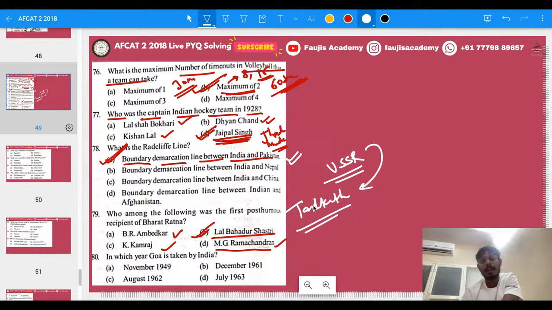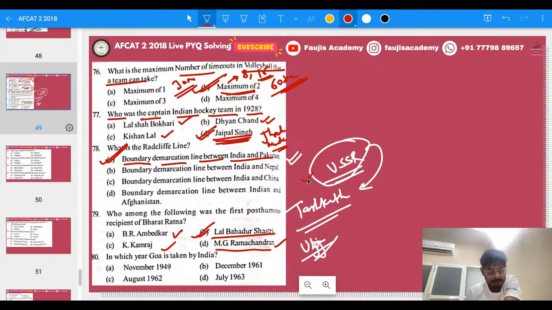Tashkent is in Uzbekistan, I think. Many new nations came out of the USSR, like Azerbaijan and others. No, Ambedkar is not the right one. Lal Bahadur Shastri was the first person.